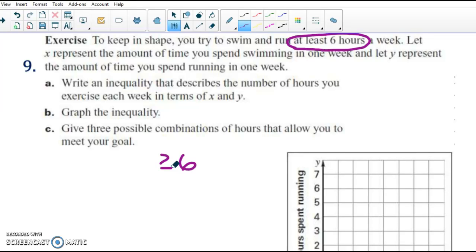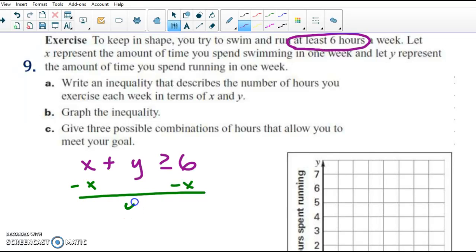So X is the amount of time I spend swimming. Y is the amount of time I spend running. So this would be my inequality for the amount of time I spend exercising each week. If I want to graph this inequality, then I need to take it and solve it for y. So to do that, I'm going to subtract x from both sides.